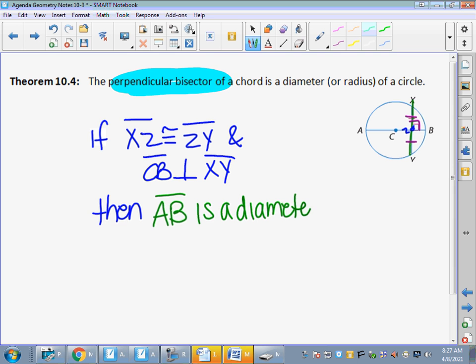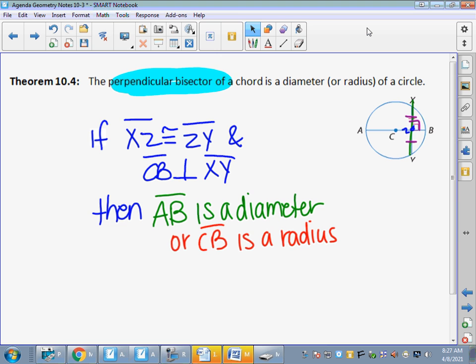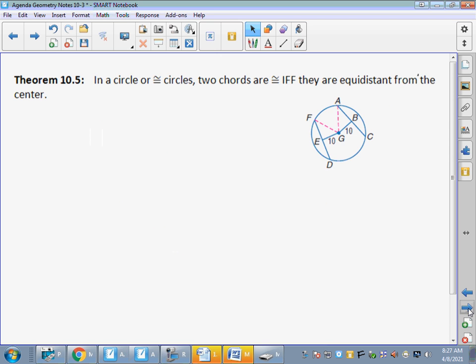It's exactly the opposite of what we just said. We use that one less frequently, but it does pop up. We could also say that CB is a radius if we cut it in half, but sometimes the radius is what they give you. So that one's used less; the one before we'll use more frequently.